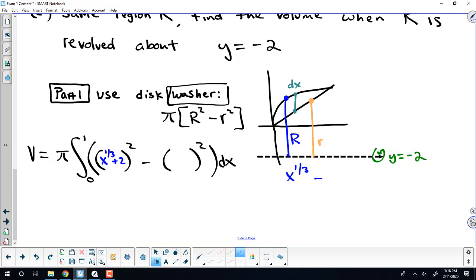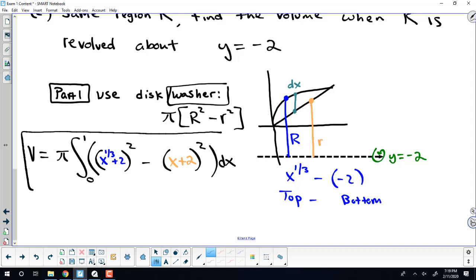Top minus bottom. Similar thing with the smaller radius, lowercase r is x minus -2, or x plus 2. So that's our volume set up there.